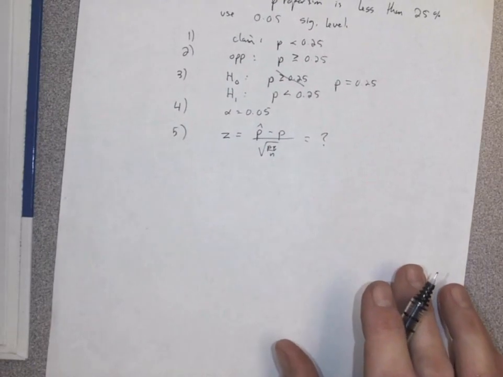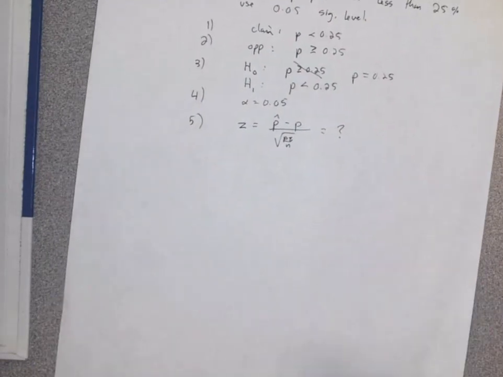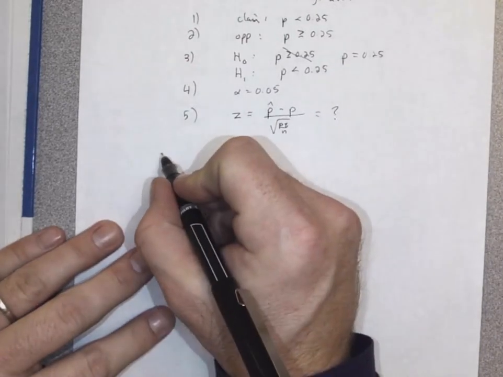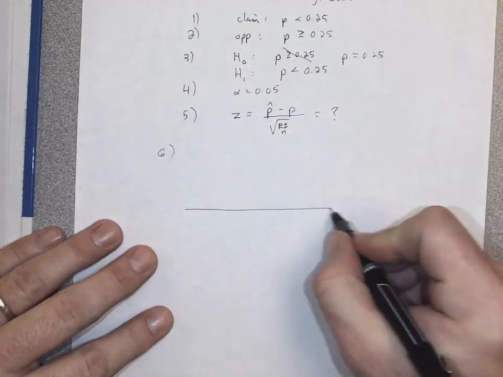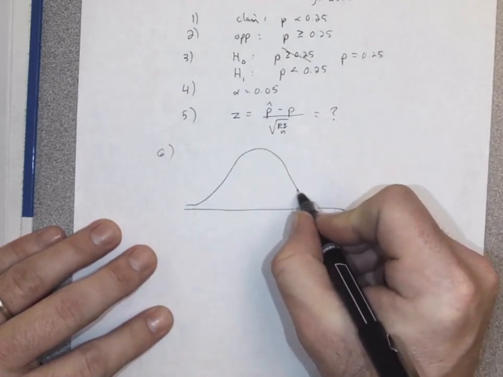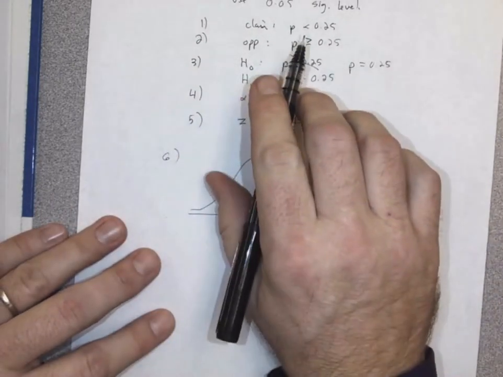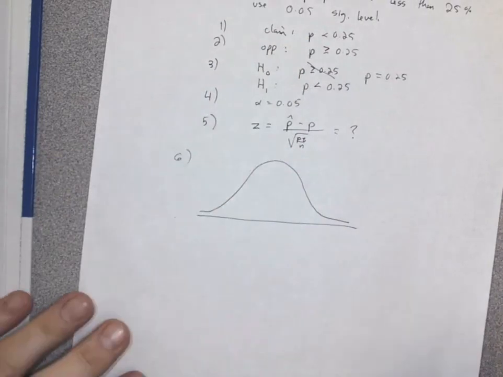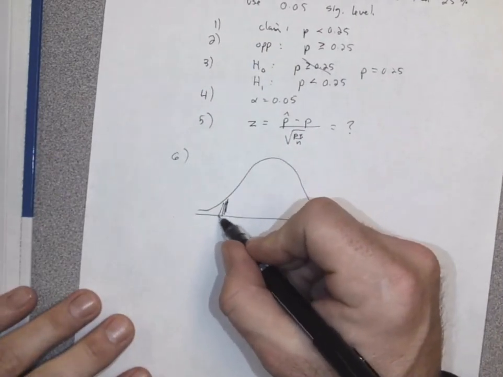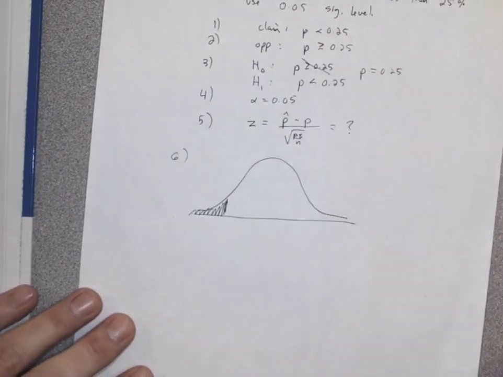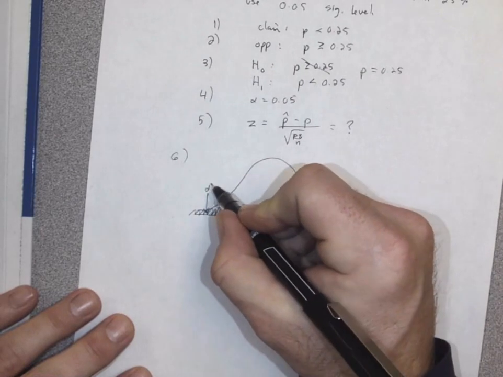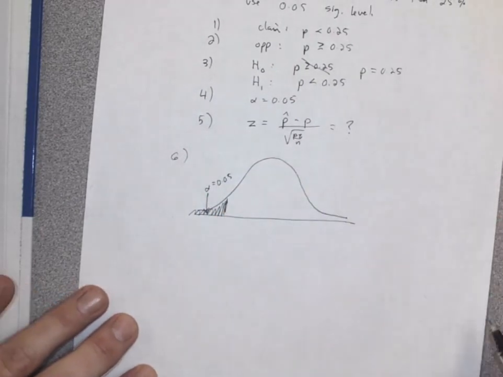Number 6 says we're either going to use the critical value method or the p-value method. In this particular picture, what I know is that our alpha is equal to 0.05, and since we're talking about less than, it's a left tail situation. The area in that tail, alpha, is equal to 0.05.